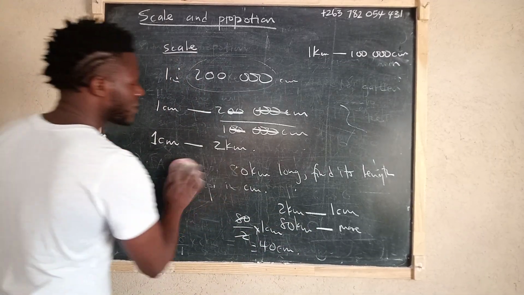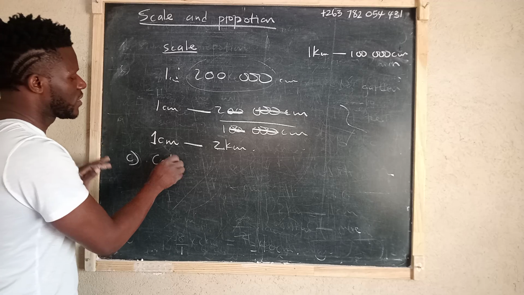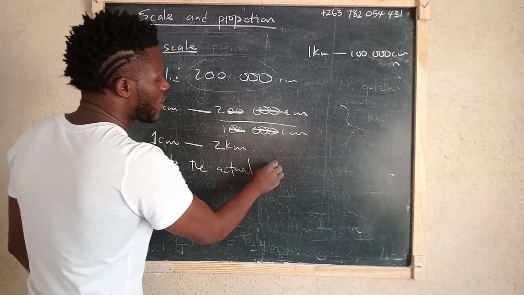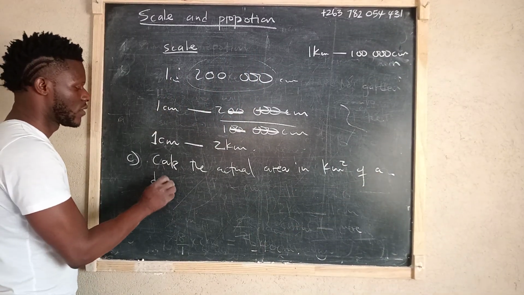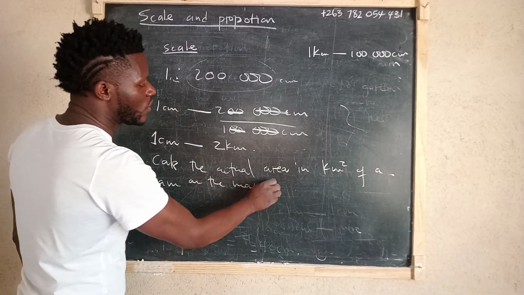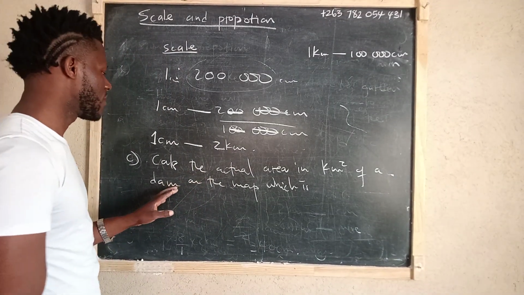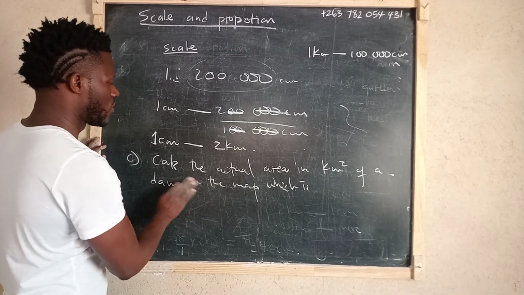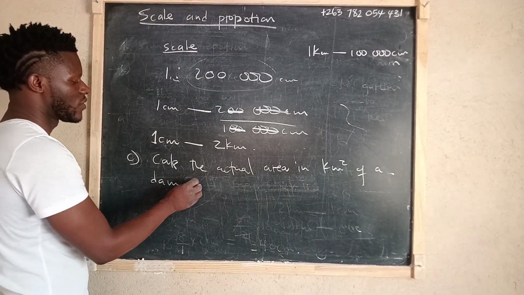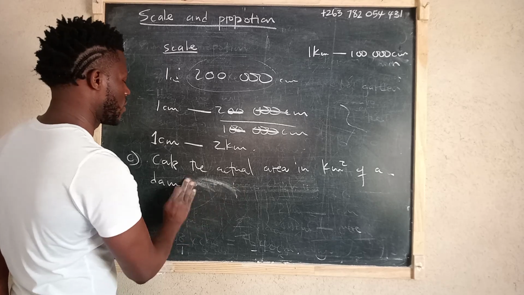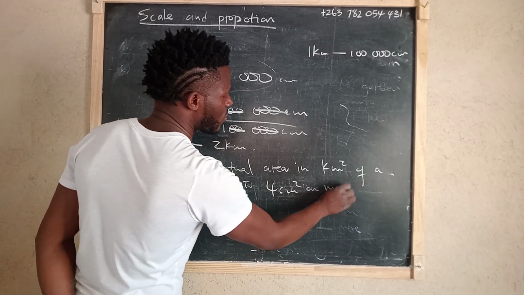Then sometimes you may be asked to handle problems to do with area, like this question C. Calculate the actual area in square kilometers of a dam on a map, if it is 4 square centimeters on the map.